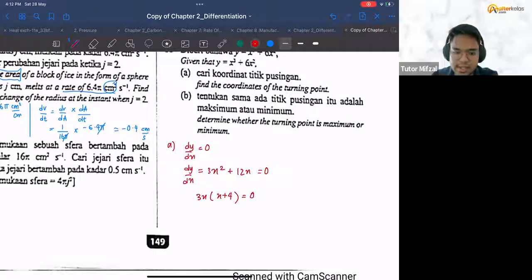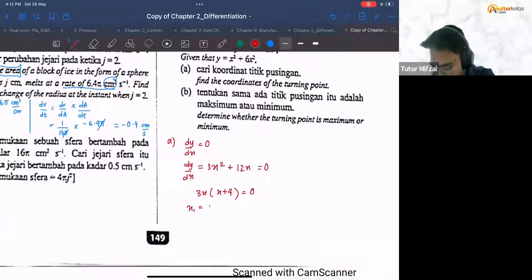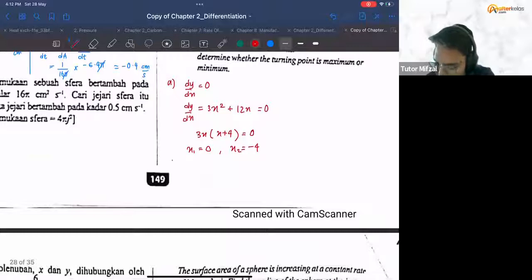Make sense? Yes. So you have x equivalent to 0. Your first value of x is equivalent to 0, and your second value of x is equivalent to negative 4. Okay, then you have to find your y value.